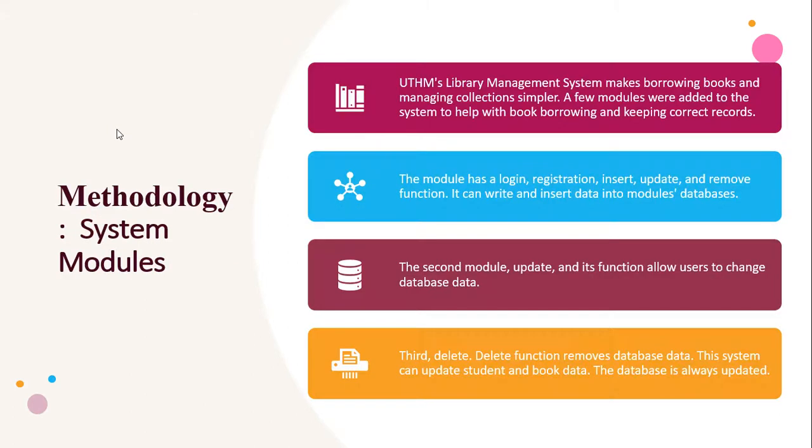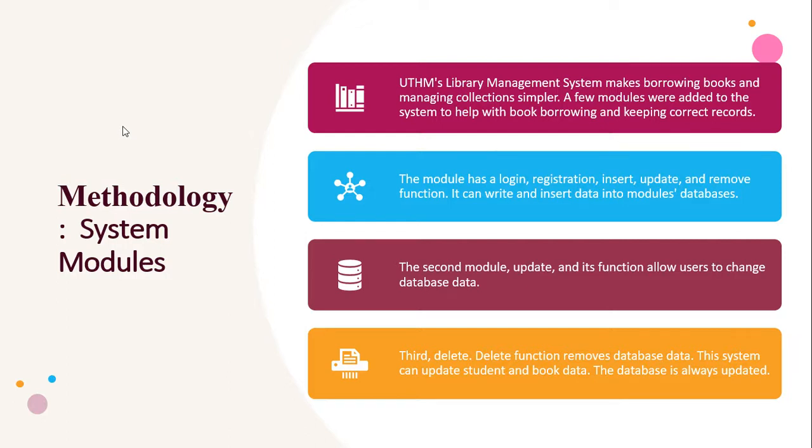So I will carry on from this part. The methodology of the library management system. We start with the system models. The UTHM library management system makes borrowing books and managing the collection simpler. A few models were added to the system to help with book borrowing and keep correct records.